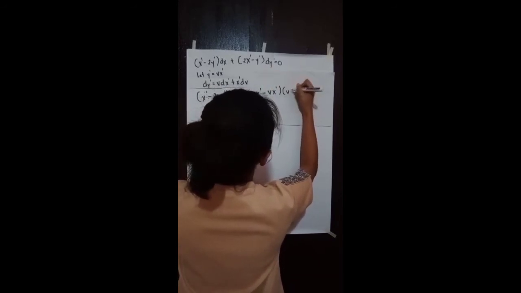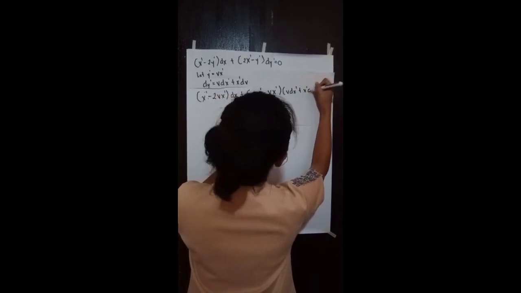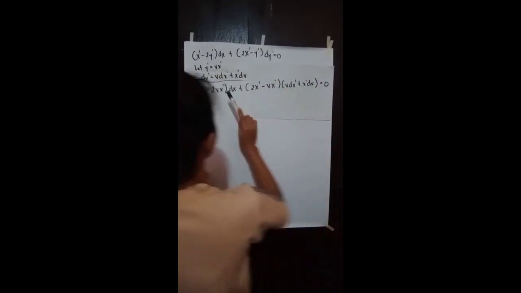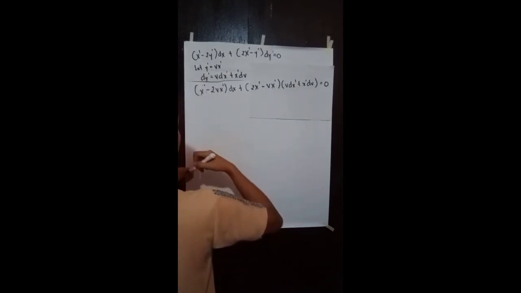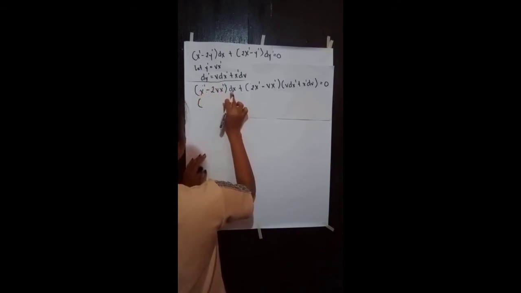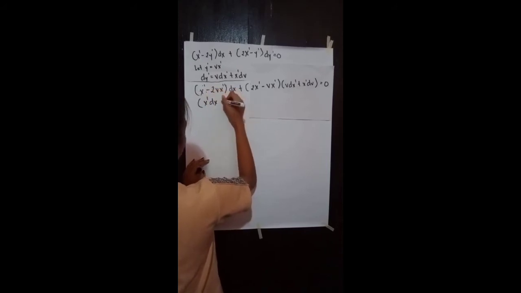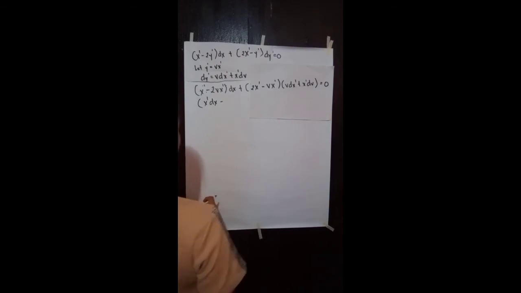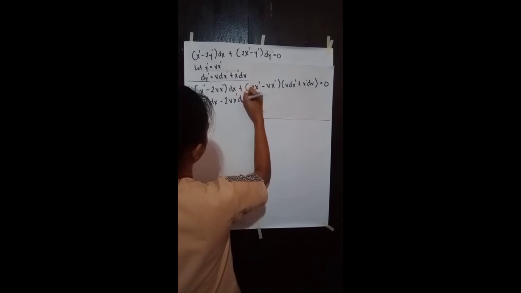So, (v dx prime plus x prime dv) equals 0. We distribute: dx times x prime is x prime dx, and dx times negative 2v prime is negative 2v prime dx.